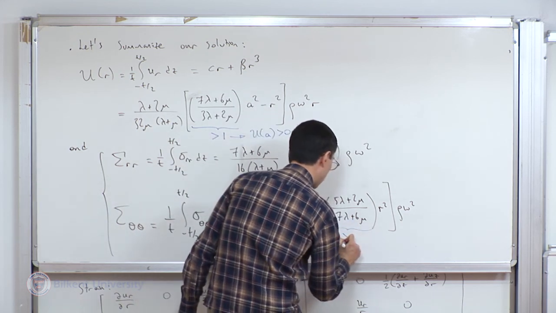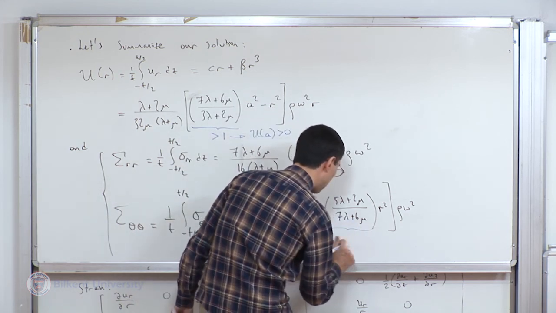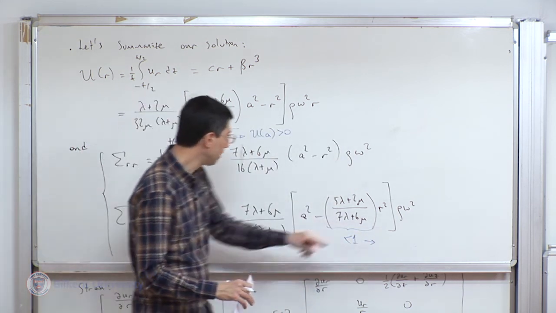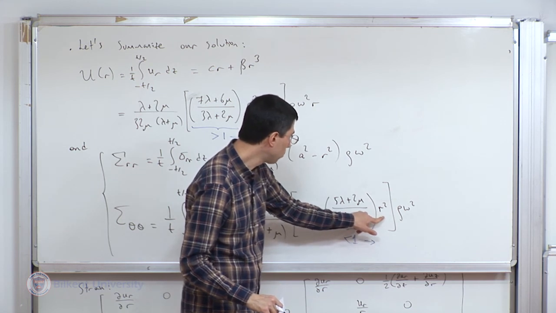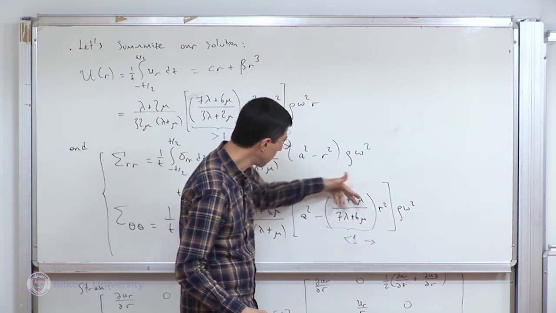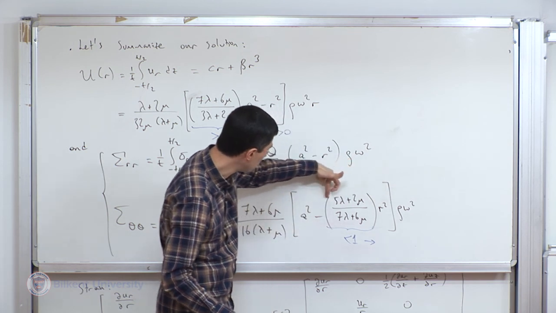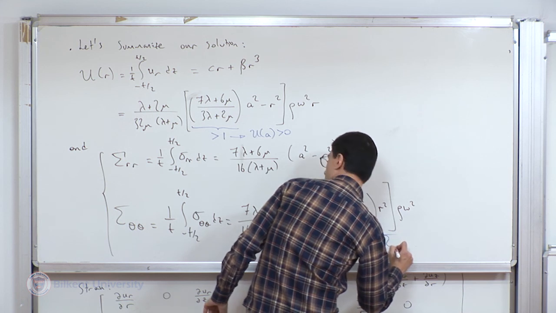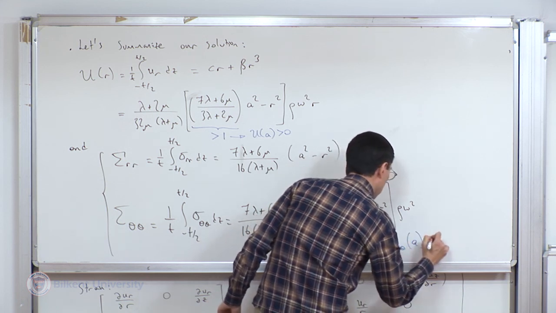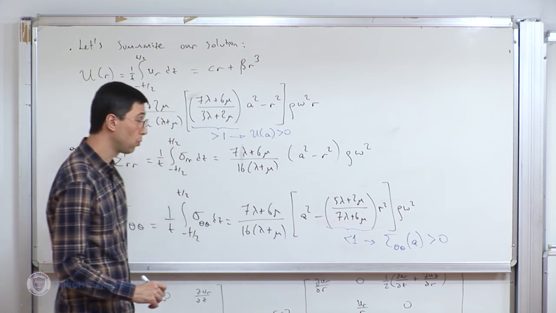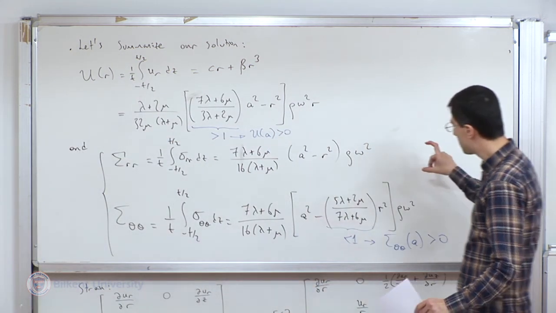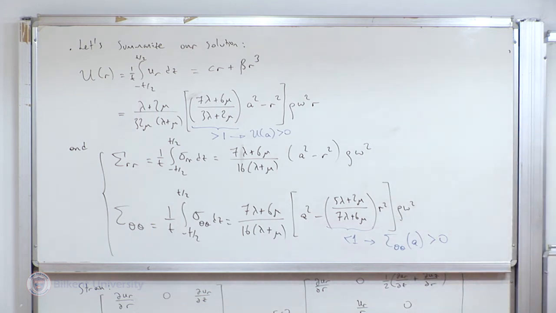And so this is a factor that is less than 1, which means that, first of all, at r equals 0, it's a maximum, and then it decreases. And at r equals a, because this is less than 1, this is still positive. So sigma theta theta at r equals a is greater than 0. It doesn't go to 0. Okay? And that is why when we did the calculations, the thickness at the very edge still also decreased, because there was something pulling the disk in the angular direction.